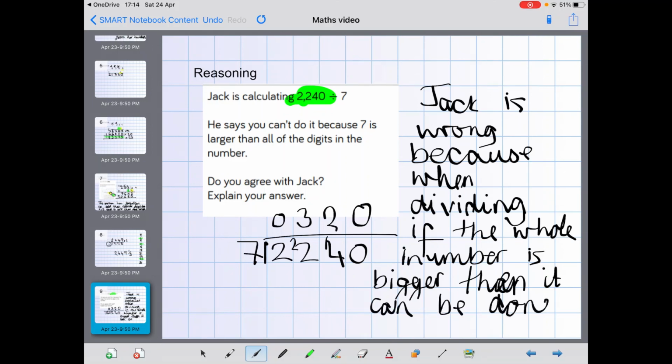And then they might add to that to have a look at the question which they did and explain Jack would need to carry over digits in order to complete this question.